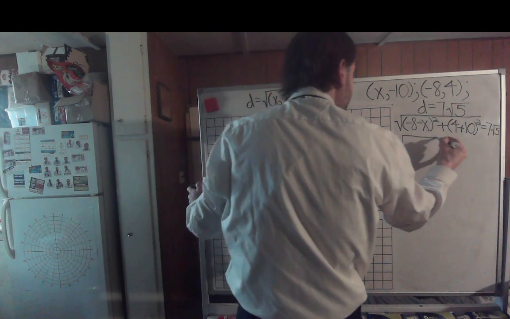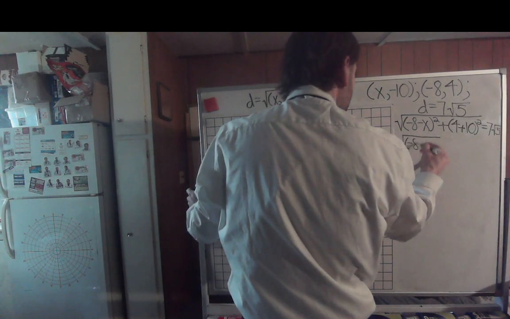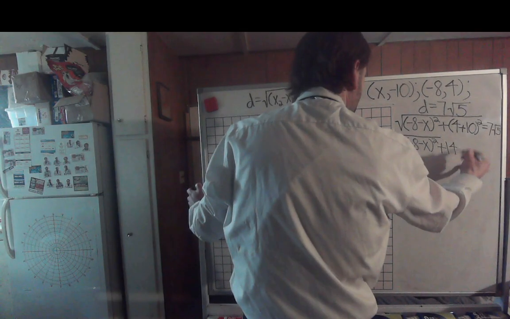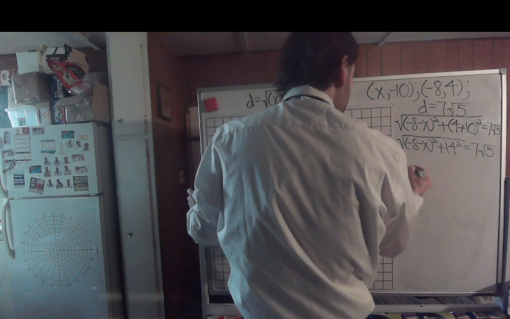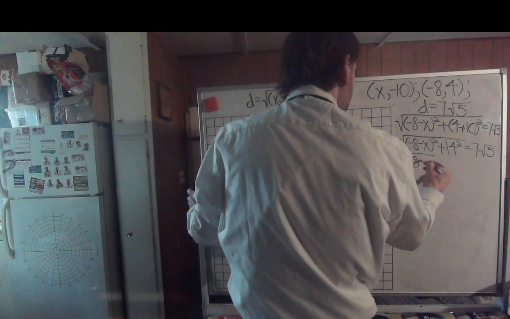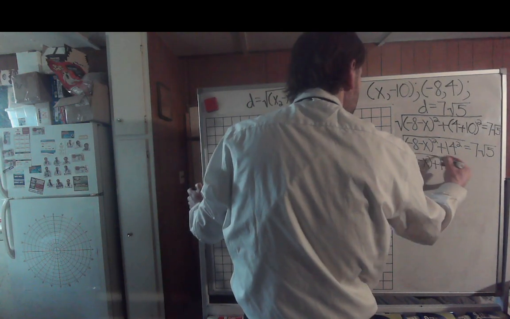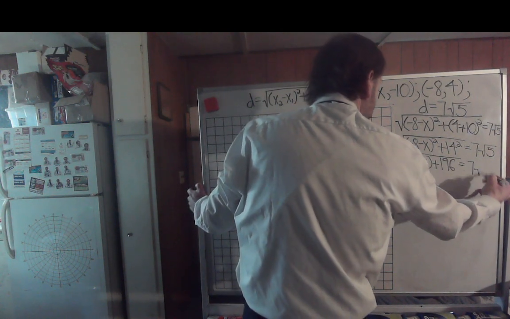Well, this is going to then turn into the square root of still negative 8 minus x to the second power plus 14 squared equals 7 times the square root of 5. So this becomes the square root of negative 8 minus x squared plus 196 equals 7 times the square root of 5.